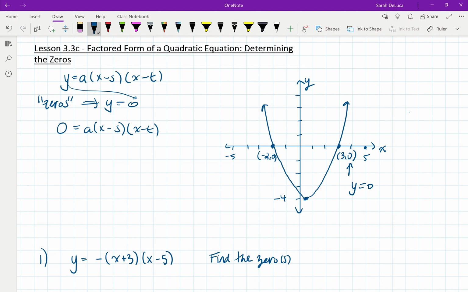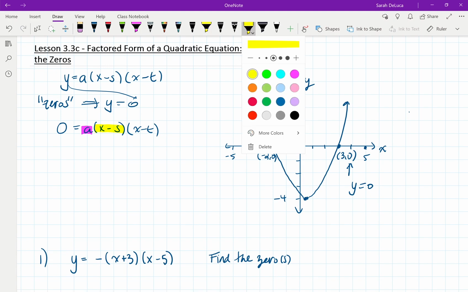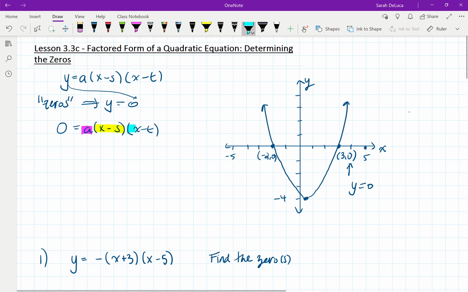Okay, so now I'm multiplying things and I need to get an answer of 0. So what do I know about multiplication and getting an answer of 0? I know that when I multiply anything by 0, I'm always going to get an answer of 0. So I'm going to identify here, there's an a, I'm multiplying that times another multiplication here, and I've got a third multiplication right here.